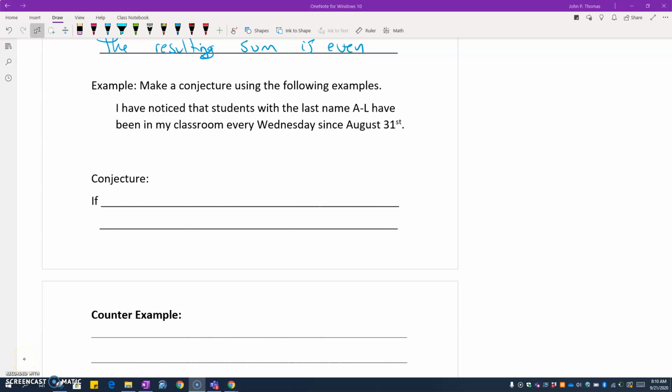So based on that evidence, the conjecture I might make is if it's Wednesday, then all students with last name A through L are in my classroom.